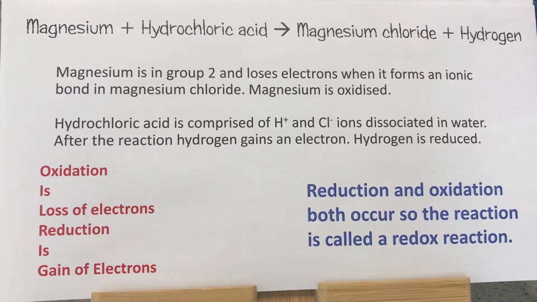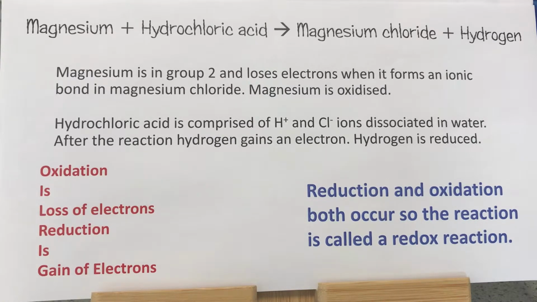And we know from our little saying, oxidation is loss of electrons and reduction is gain of electrons, OIL RIG, that if the magnesium has lost electrons, then it must have oxidized. So the magnesium has oxidized in this reaction.